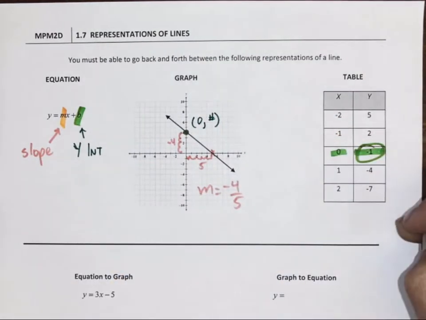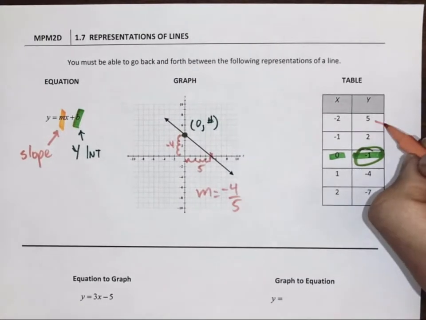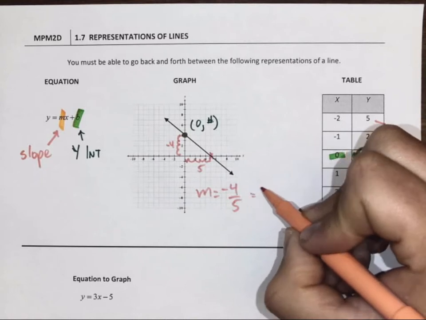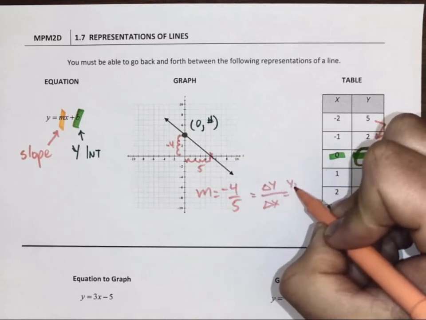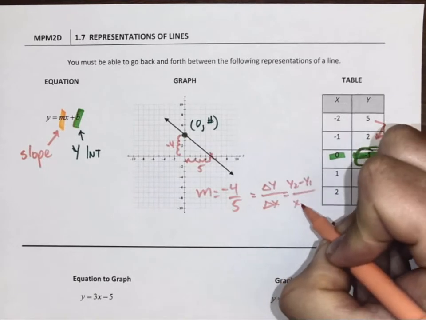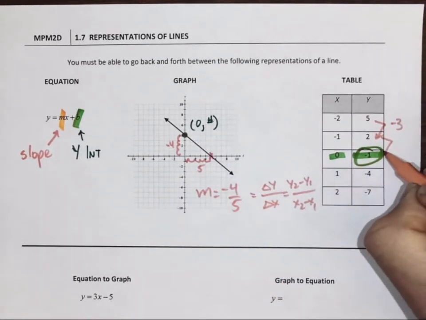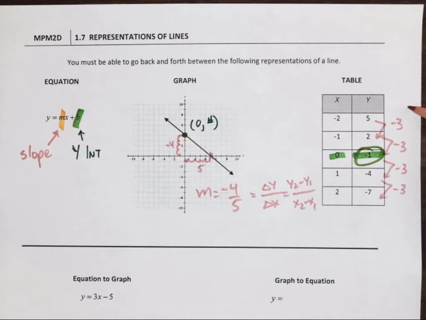On a table, to calculate slope, we do the same thing. We look from one to the other. Our change in y, remember our slope is our change in y over our change in x, or y2 minus y1 over x2 minus x1. So that goes down 3, down 3, down 3, down 3. Remember what this is called?